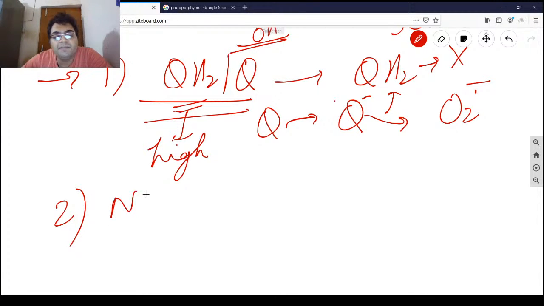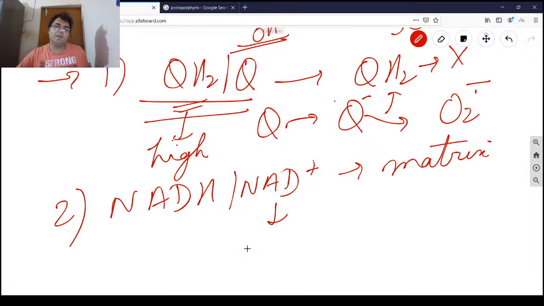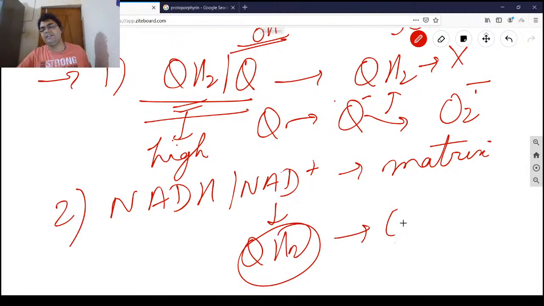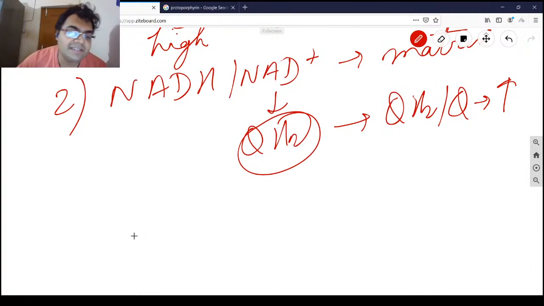More NADH relative to NAD plus in the matrix leads to more and more formation of QH2 in the end, which increases the QH2 to Q ratio and again tips the balance towards the formation of superoxide radical. So these things favor the formation of free radicals.